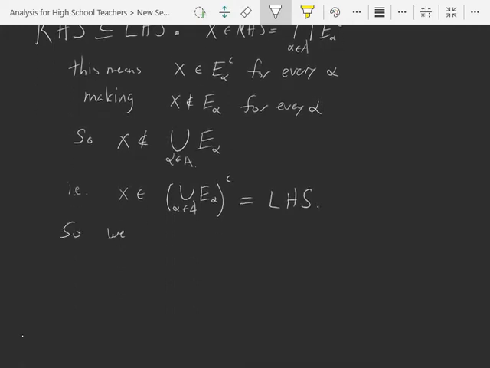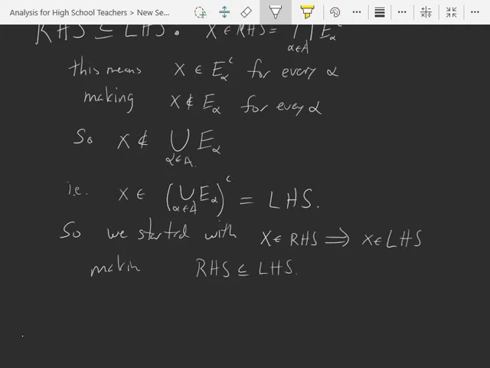So we started with x in the right-hand side this time, and that implied that x is in the left-hand side, making the right-hand side a subset of the left-hand side.